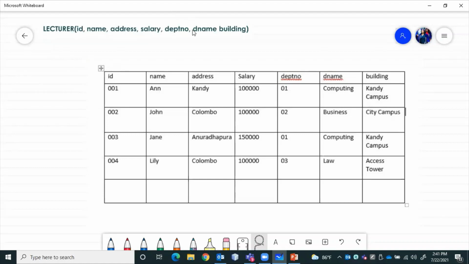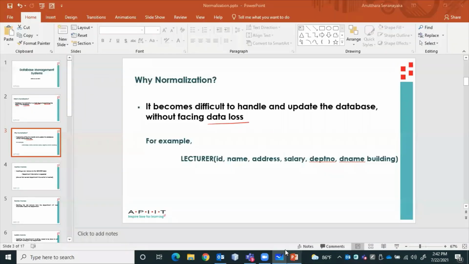Now this database, the table which is available, is not a normalized table or normalized database. We have not done any normalization. Because of that, as I told you, when we're handling data or updating the data, we might end up with data loss.